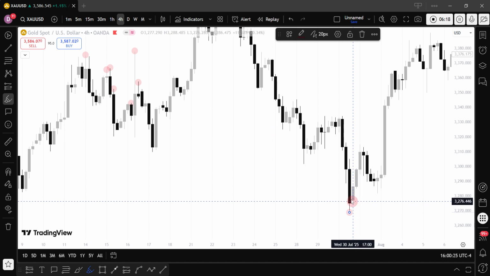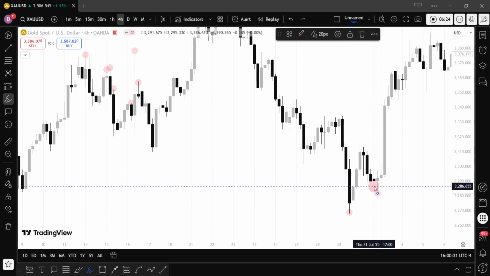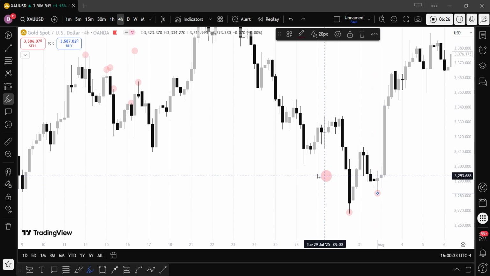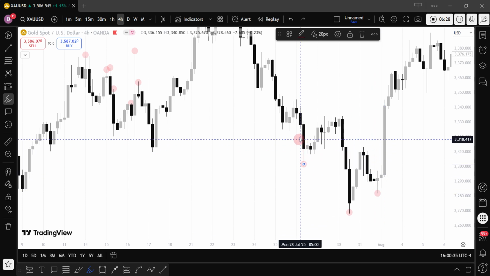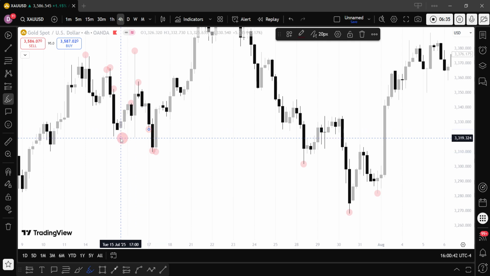There is a higher low, there is a higher low. Same to this, it's also a swing low because we have a higher low, a higher low. Same to this, we have a higher low and a higher low. This is also a swing low. We have a higher low and a higher low, as you can see. And that's it.